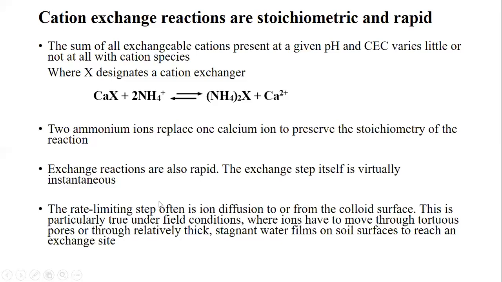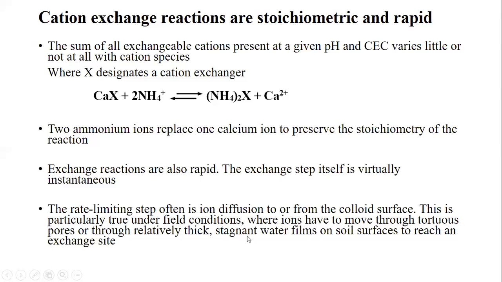So for it to go from the soil solution to the site of the colloid where it's going to exchange another, it has to go through the pores that are extremely difficult paths, and it has to penetrate the thick, of course, thick in terms of that ion, not thick in the way we think in our sense, the sense of that ion. Because where is the water? Water surrounds soil particles as films. These films are stagnant.